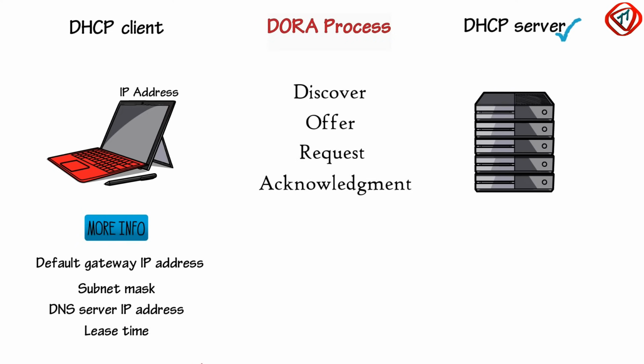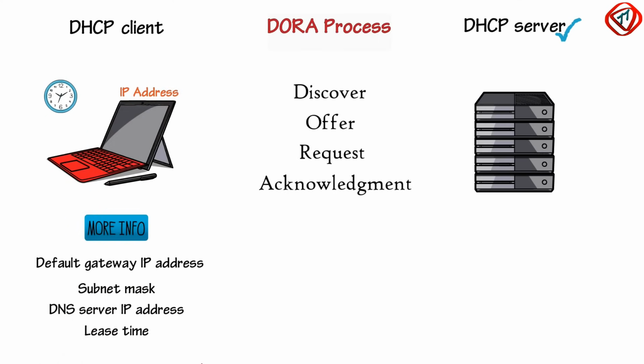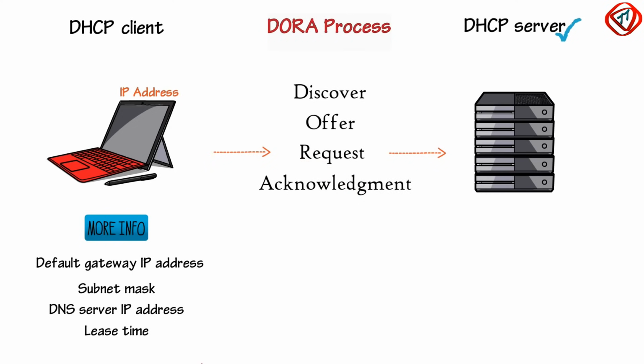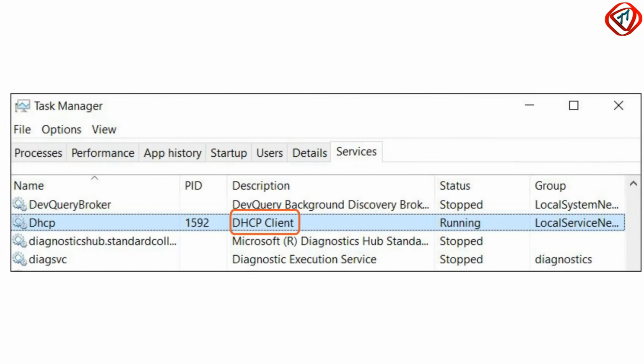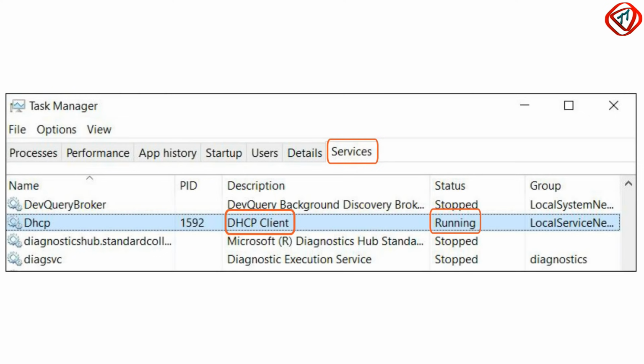The lease time is the duration till when a laptop can use the IP address which the DHCP server has assigned to it. Once the lease time is over, the laptop has to request the DHCP server to renew its IP address. Note that the DHCP client is a service that runs in the background on our computers.